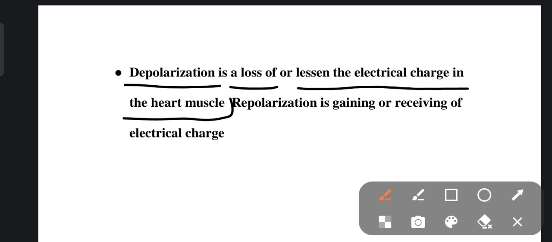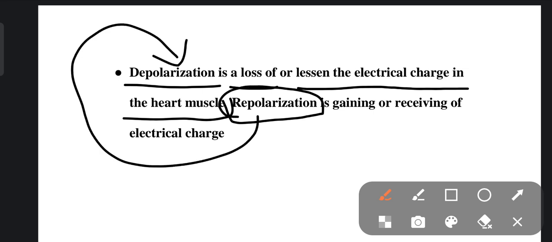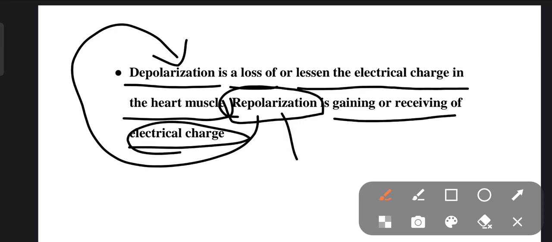So the absence of electrical impulses in the myocardium cell is called depolarization. And repolarization is the opposite of depolarization. During this situation, the muscle gains and receives the electrical charge. The presence of electrical impulses is called repolarization, and the loss of the electrical impulses is called depolarization.